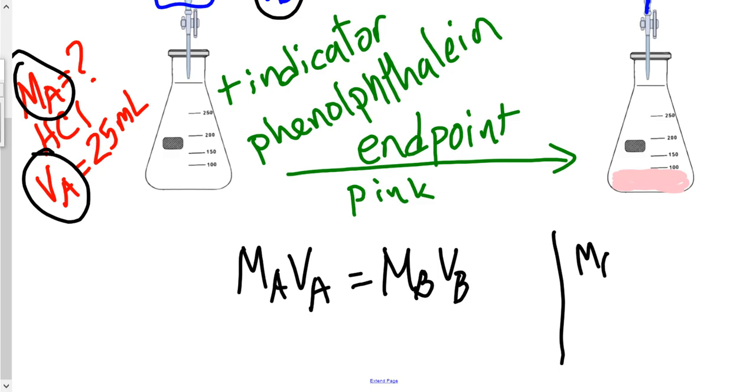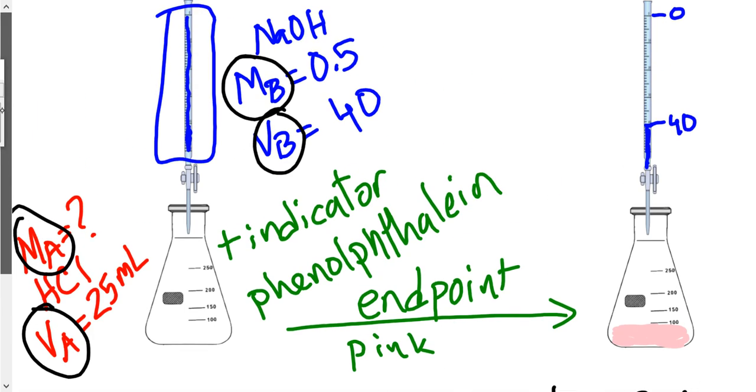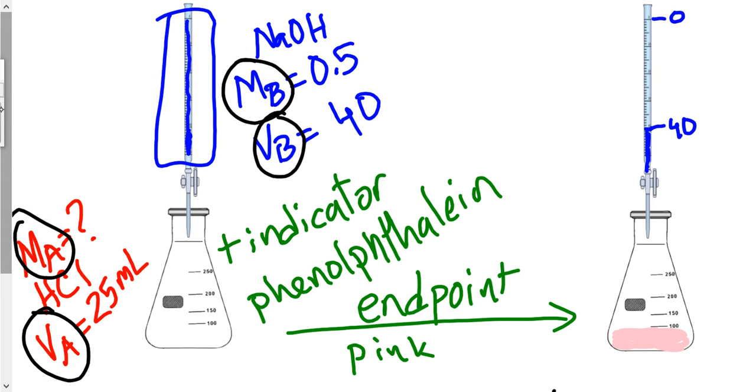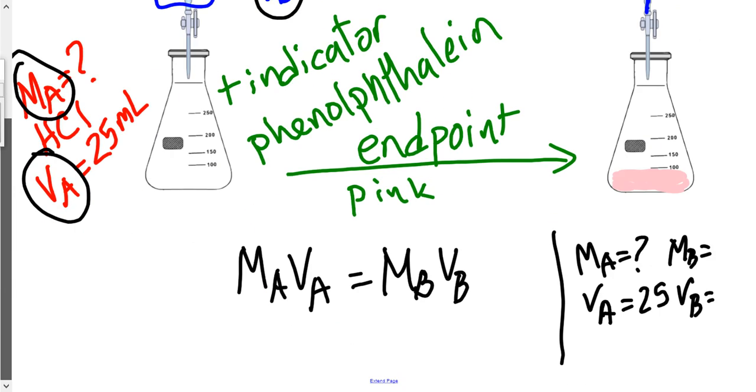So MA is unknown, VA is 25, MB is 0.5, and VB is 40.